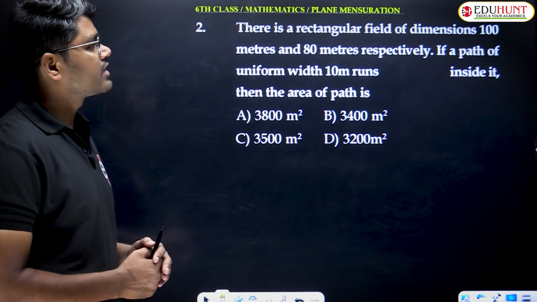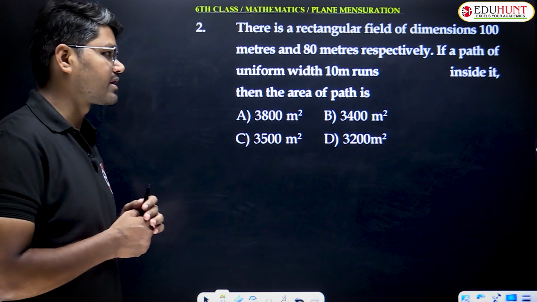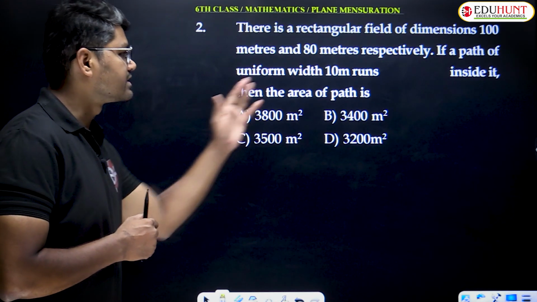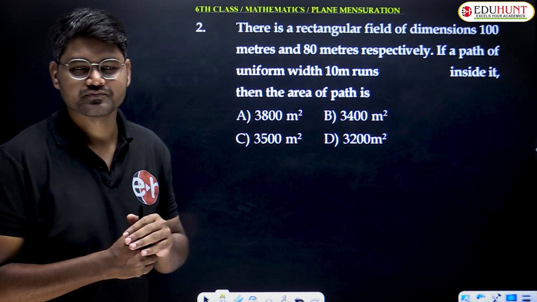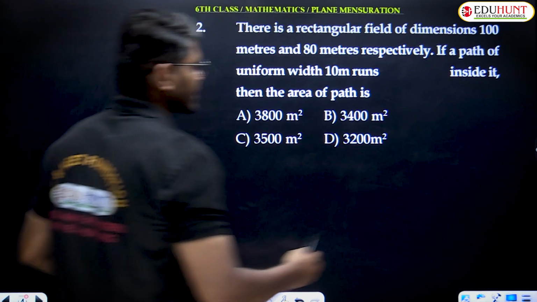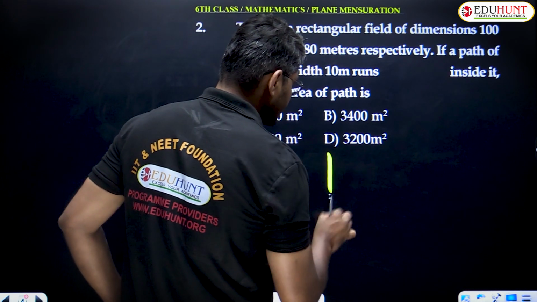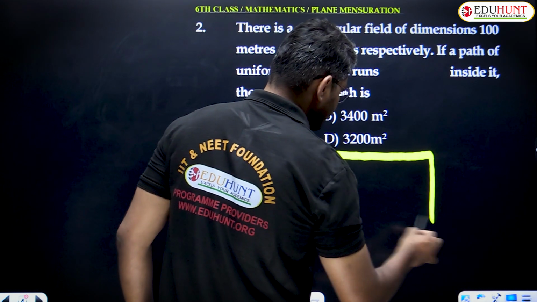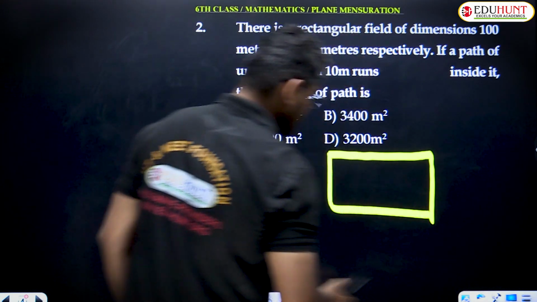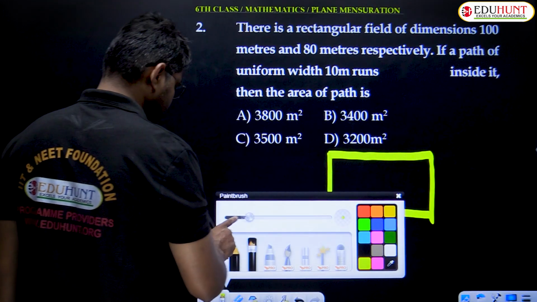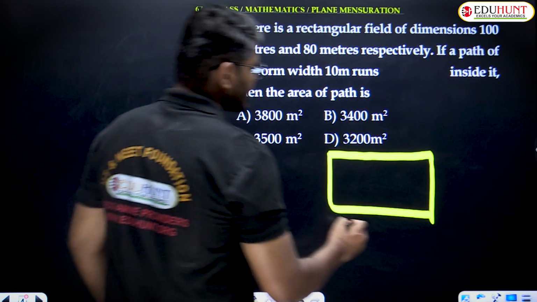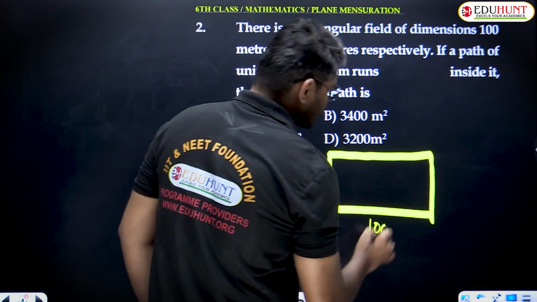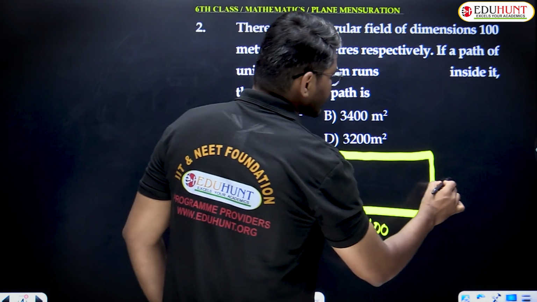There is a rectangular field of dimensions 100 meters and 80 meters respectively. If a path of uniform width 10 meters runs inside it, then the area of the path is. Okay, right. First, draw a rectangle. This is a rectangle. Dimensions are 100 meters and 80 meters.